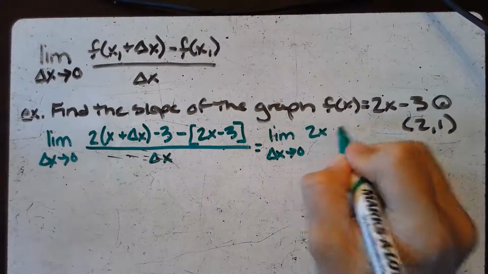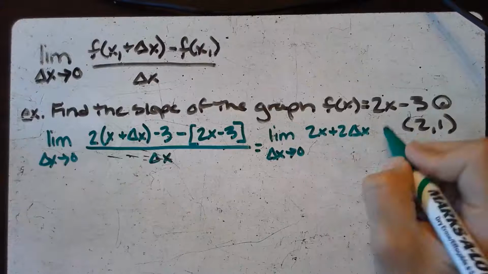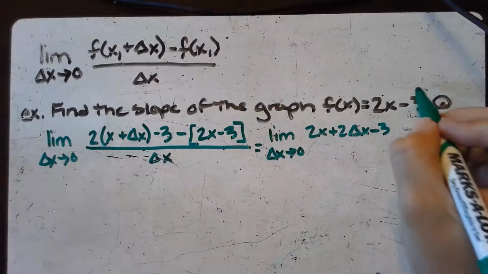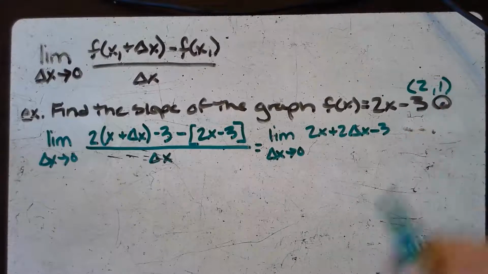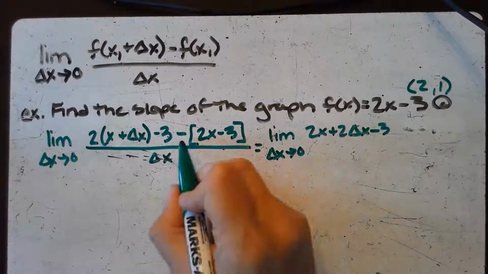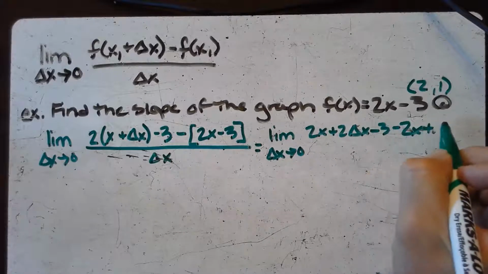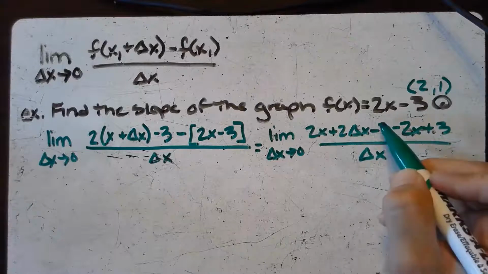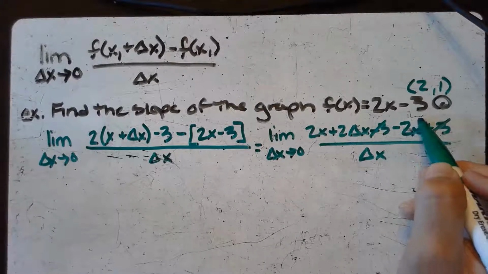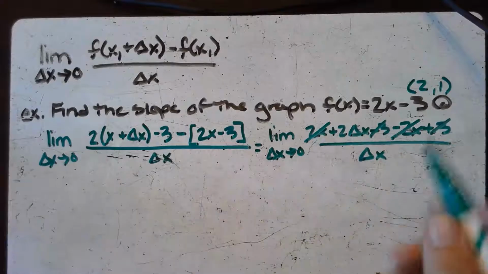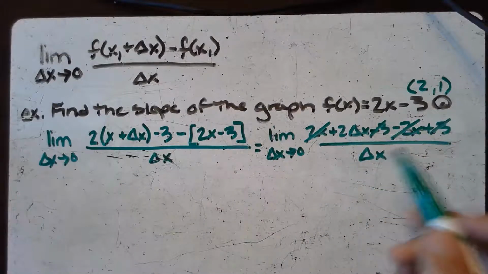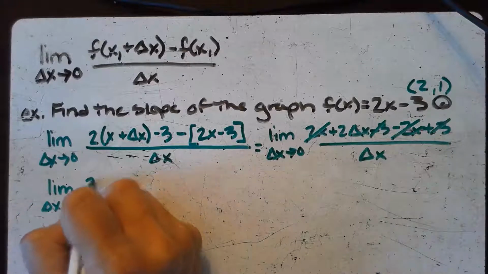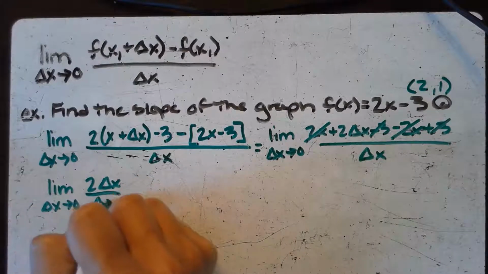So this is 2x plus 2 delta x minus 3. And I'm going to change this so it's 2, 1 up here. Okay. And then I'm going to have to distribute this negative, negative 2x plus 3. Well, here we can go ahead and start reducing. The 3's go away. The negative 2x and 2x goes away. So here I'm left with 2 delta x over delta x. Well, what happens there?